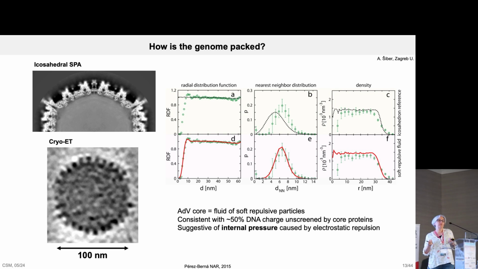And this electrostatic repulsion makes sense because if we just count the negative charges from the DNA and the positive charges from the proteins, we figure out that at least half of the DNA negative charges are not screened by the protein positive charges. And the fact that there is electrostatic repulsion inside the capsid is suggesting also that there must be some kind of internal pressure, because the different regions of the DNA molecule want to come apart.